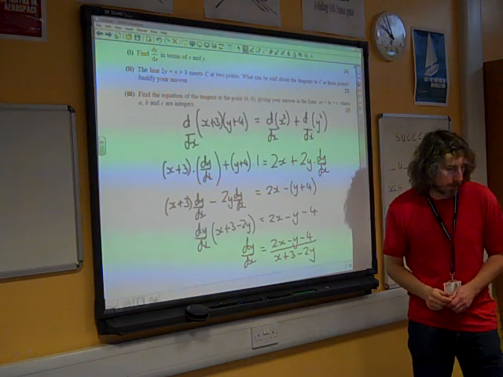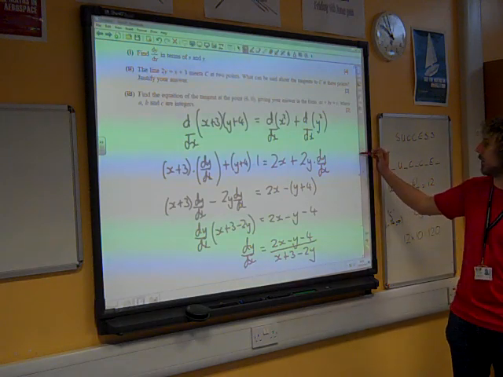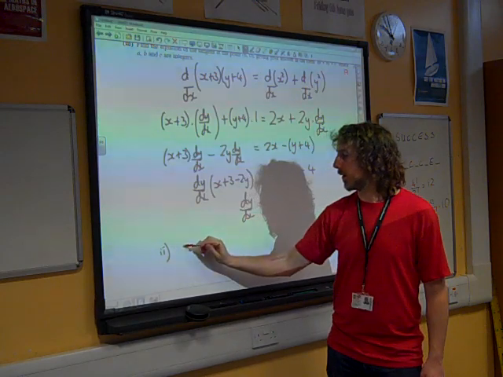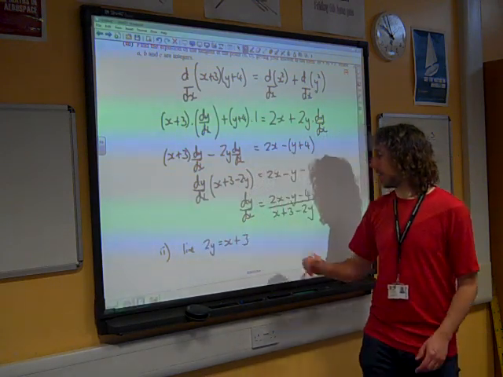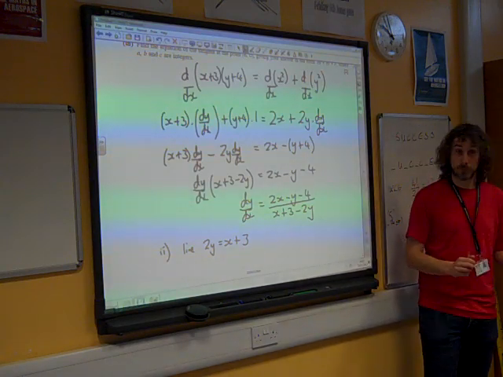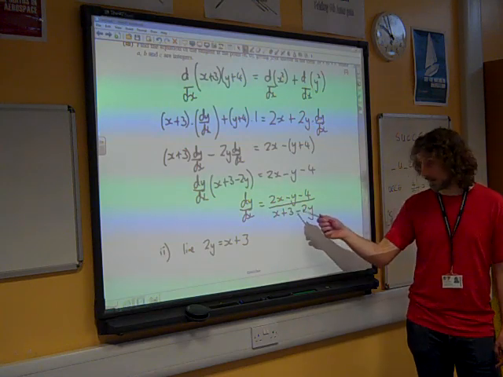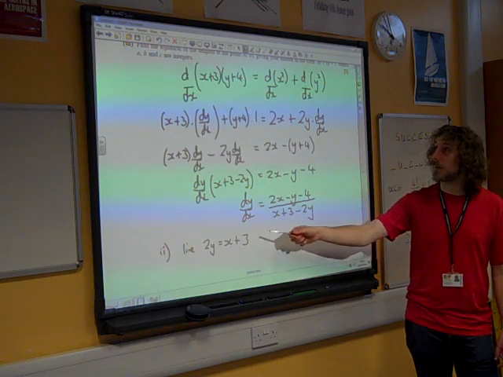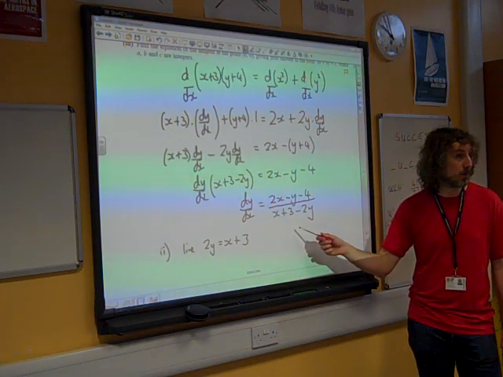Well, can we spot anything that links 2y = x + 3 with what you've got? What we're hoping we'll notice is that if 2y = x + 3, then the denominator is 0, isn't it?